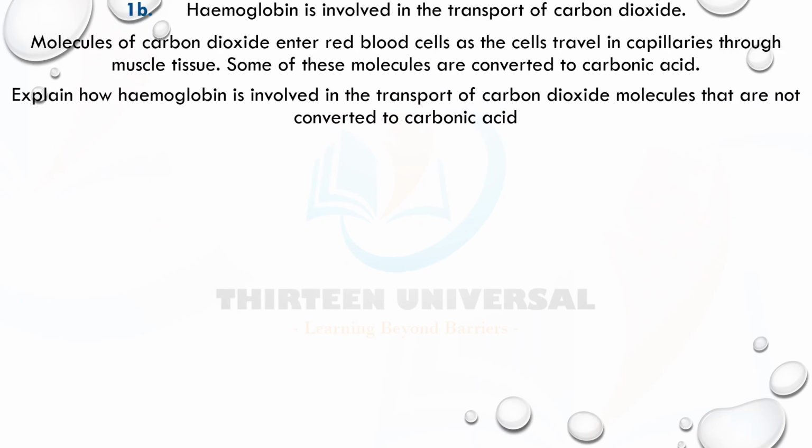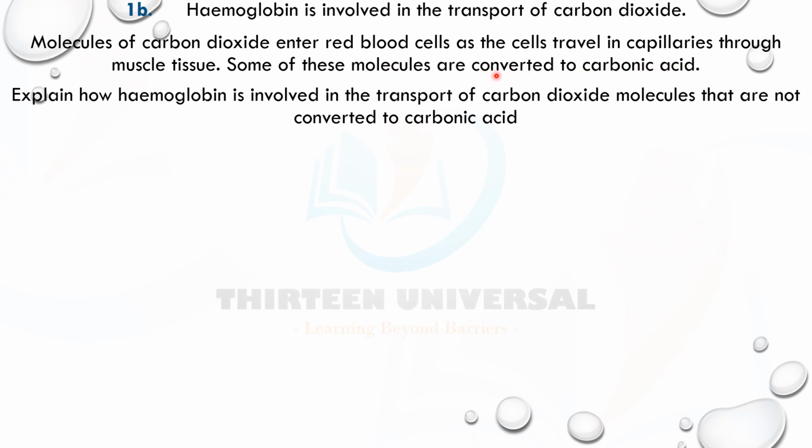It says hemoglobin is involved in the transport of carbon dioxide. Molecules of carbon dioxide enter red blood cells as the cells travel in capillaries through muscle tissue. Some of these molecules are converted to carbonic acid.